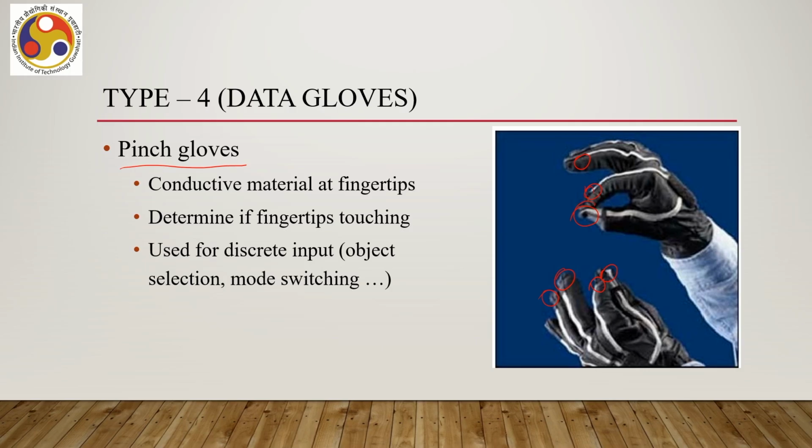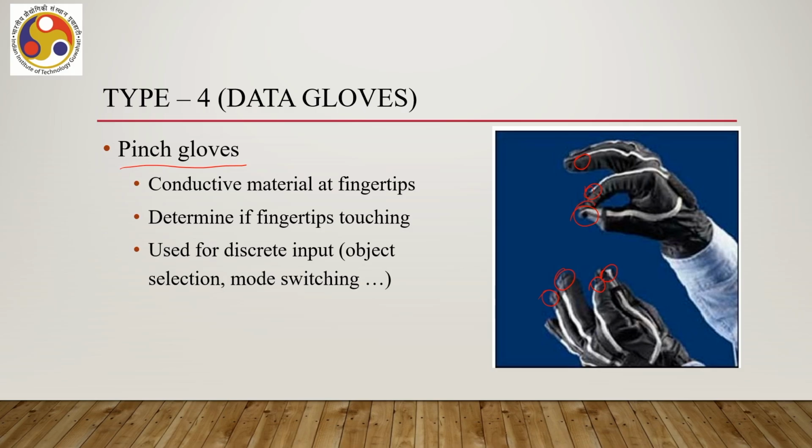The position may vary, but only at very limited positions, which are good at detecting some limited set of gestures that can occur due to pinching gestures. So, typically these are used for discrete input such as object selection, mode switching and so on.